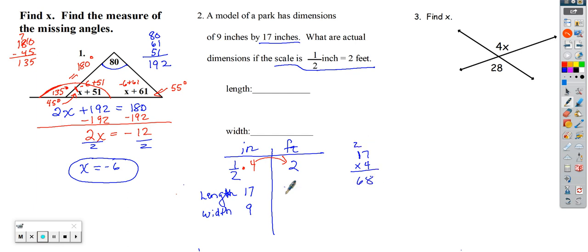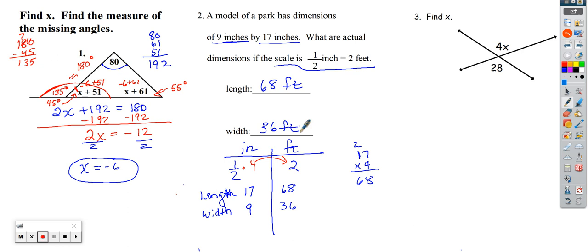Okay, that gives me 68 feet. So if on the model of the park it's 17 inches, it's 68 feet of actual length. And we know that 9 times 4 is 36. If it's 9 inches on the model, it is 36 feet actual length on the park.